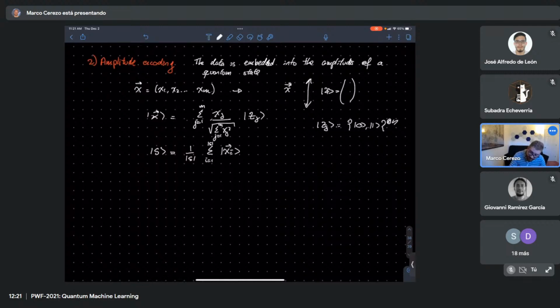So this also has some advantages. The first advantage is that it is widely used in many quantum machine learning algorithms, especially those first developed for fault-tolerant quantum computers. Those use this amplitude encoding. Then it's also very qubit efficient. Why?